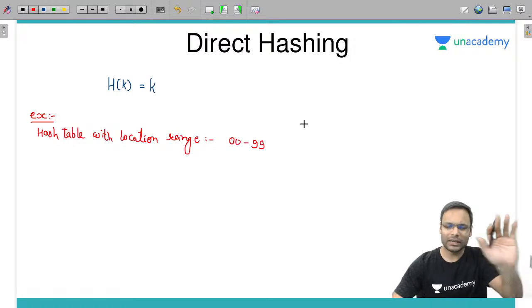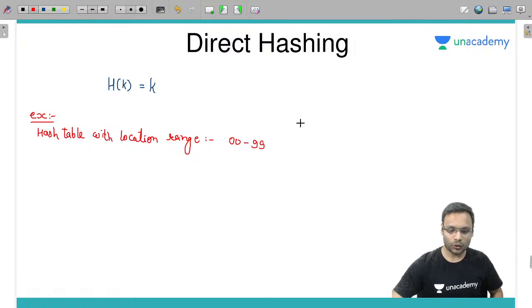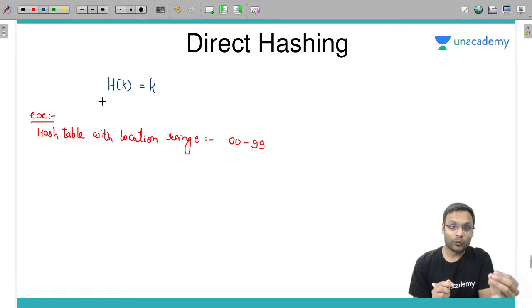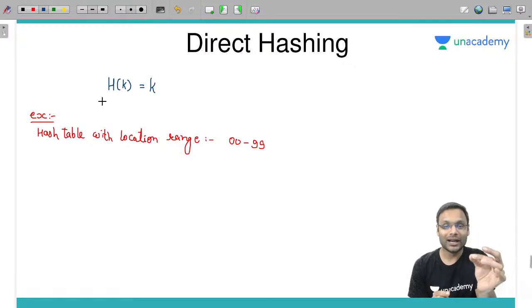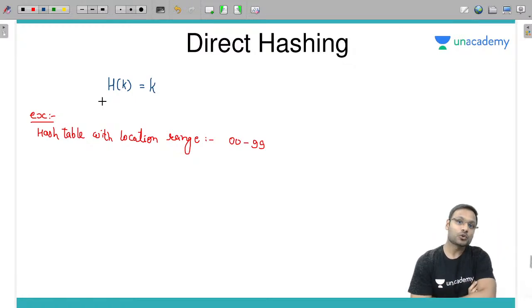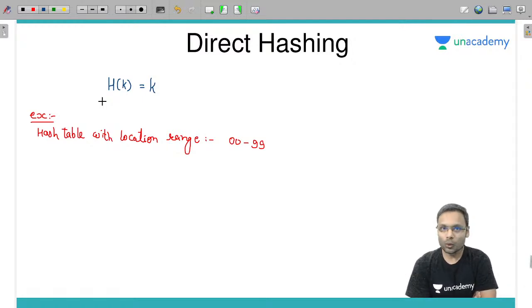Let's talk about decimal for now, to keep it easy: 00 to 99. Now suppose I want to store the value 123, can you store it? Can you store 123? No. Why not? Just because I don't have any location 123.